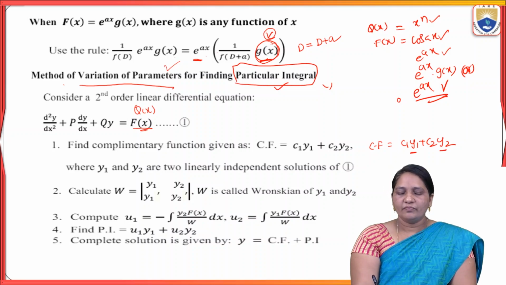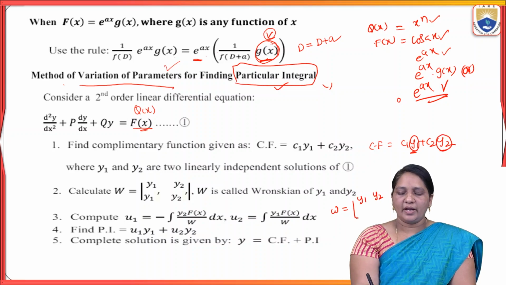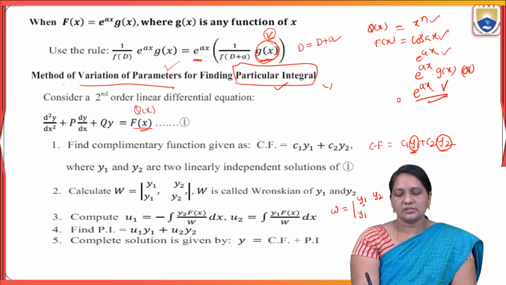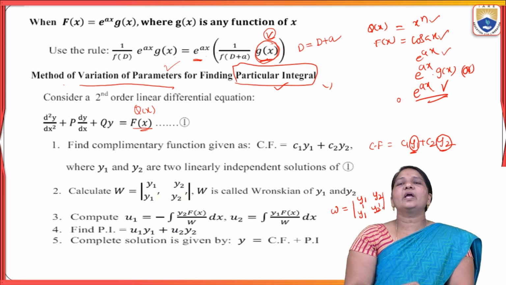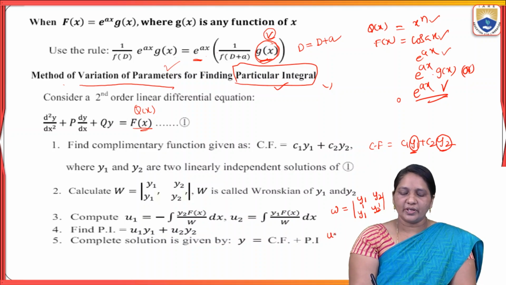Now the second step is the Wronskian value, that is w. Here we are taking the independent solutions y1 and y2, and the derivatives of those solutions, that is y1 dash and y2 dash. After calculating the Wronskian value, we are going to compute the u1 or a value.